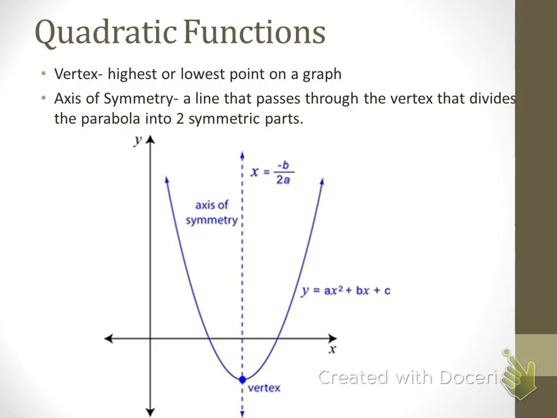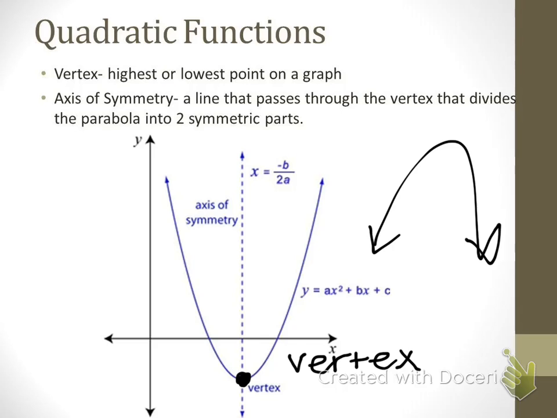The vertex is either going to be the highest or lowest point on your graph. It's where your graph comes to a vertex. It's either going to be at the bottom if your parabola opens up, or if your parabola opens down, it's going to be at the very top.